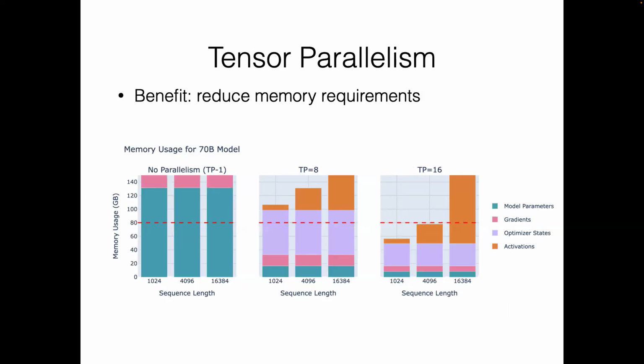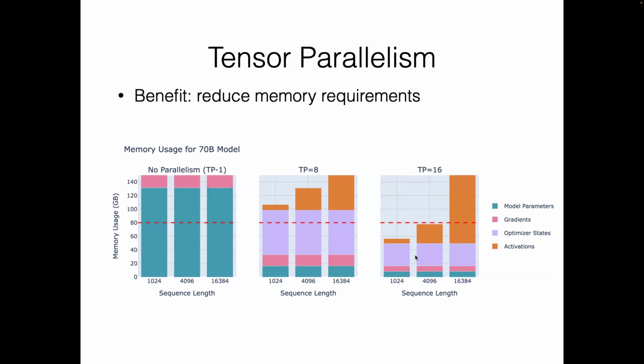So here the benefit is that you reduce your memory requirements. Here you can see that if you don't use tensor parallelism, the parameters are way over even a single GPU. Now if we use tensor parallelism of 8, the parameters are just down here.